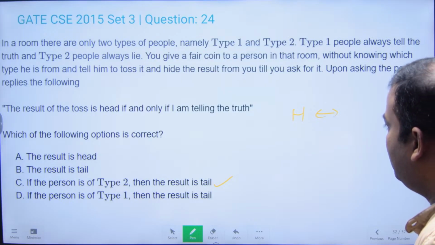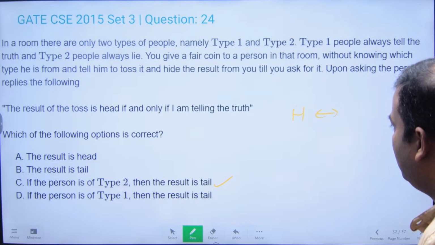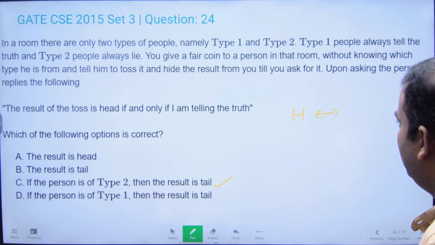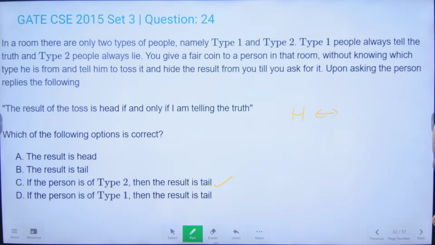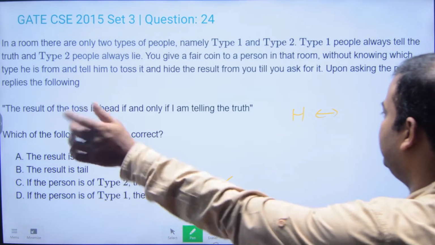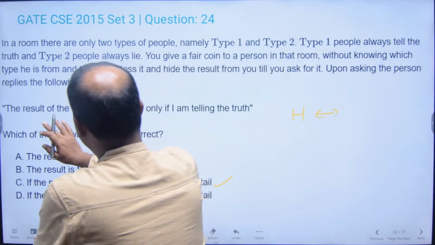It is given, and then the result should be head if and only if I am telling the truth. And telling the truth means type 1. Okay, type 1 is telling the truth. No, so actually this whole statement may be false also.